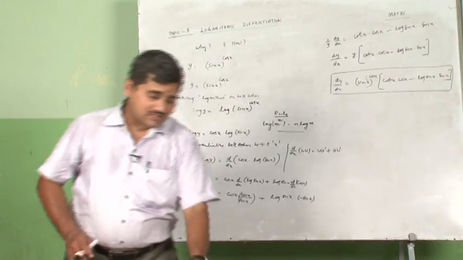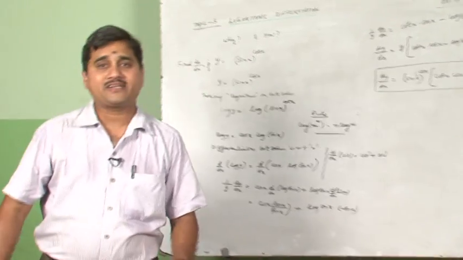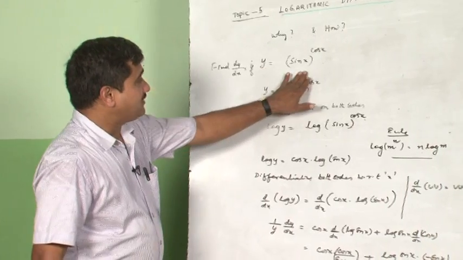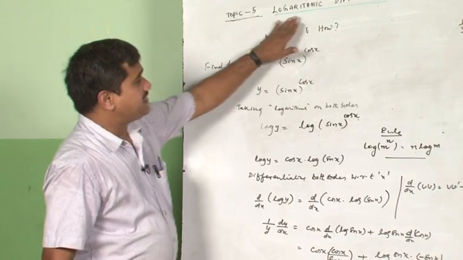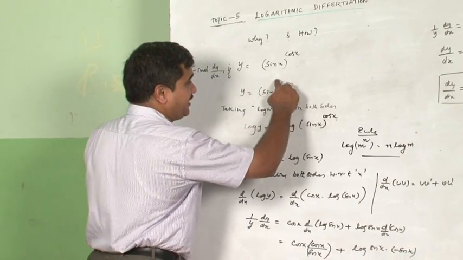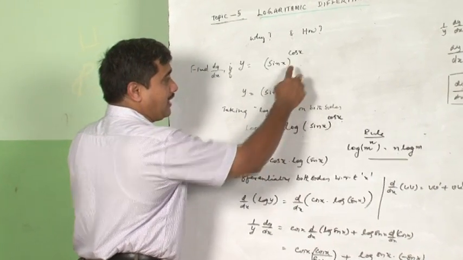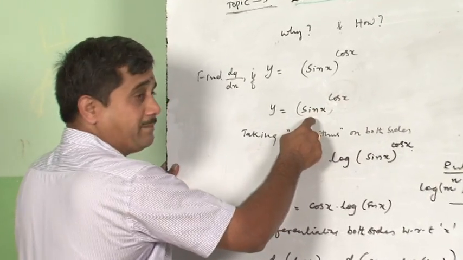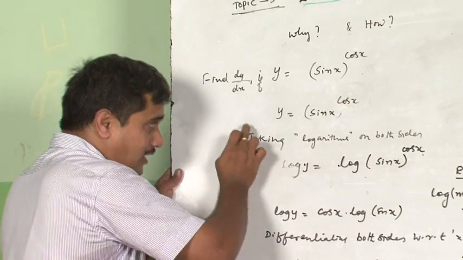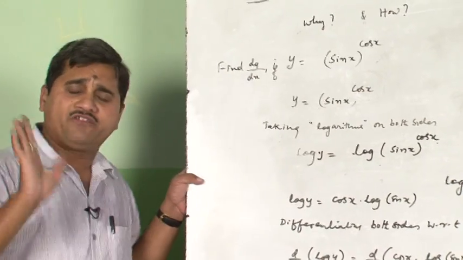Dear children, you must have realized one important fact here. Logarithmic differentiation has a main role in bringing the power, the index of this function, down from the base function. Unless you bring this top function down, you will never be able to differentiate.